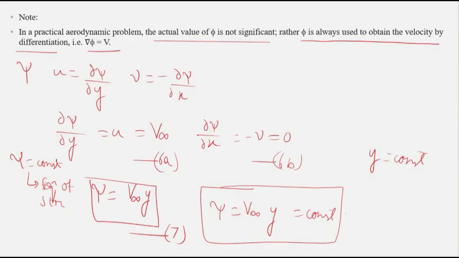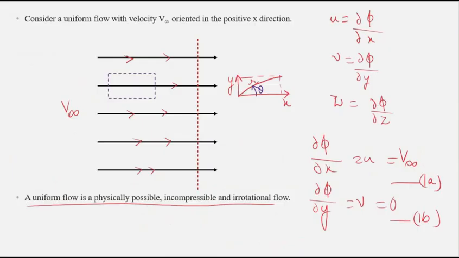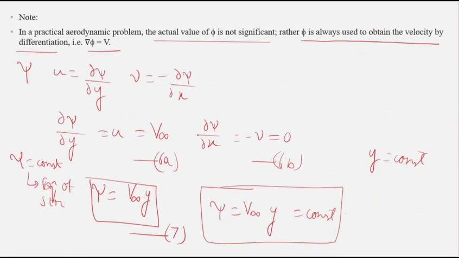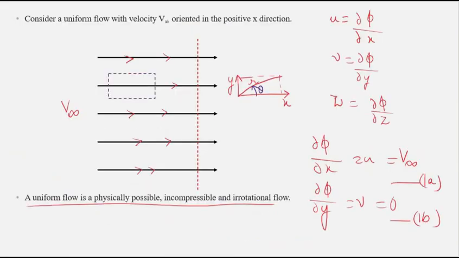So when I say y is equal to constant, if you look at this figure, the horizontal lines are showing me y is equal to constant, correct? And if I say x is equal to constant, that will be represented by this dashed line.